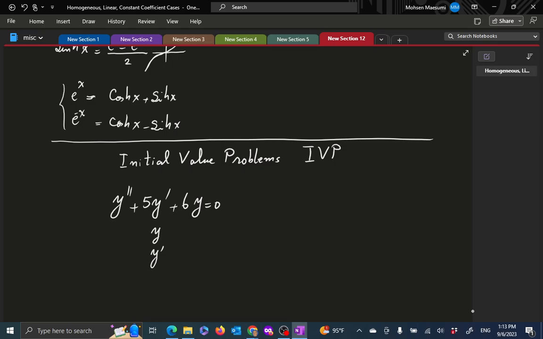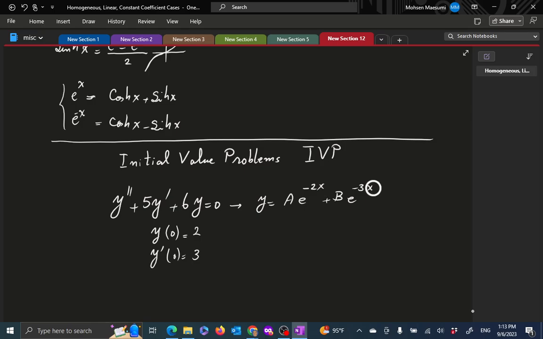They are typically designated at time 0, referring to the beginning, but it can be designated at any time: y of 0, for example, some number, say 1 or 2, and y prime of 0 will be some number, 3. What that means is that when you solve this, you remember we solved this as exponential of, what was it, minus 2x plus b exponential of minus 3x.